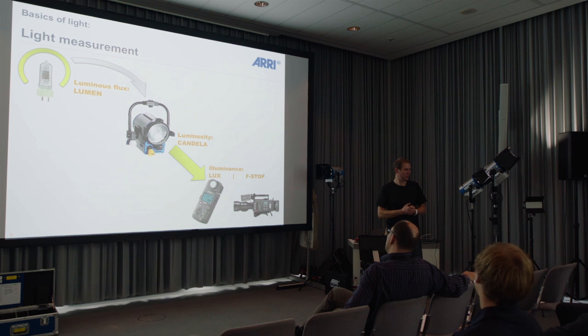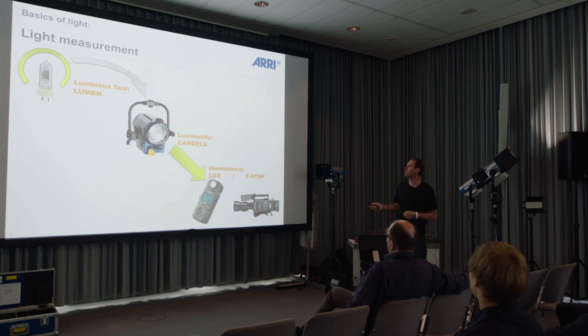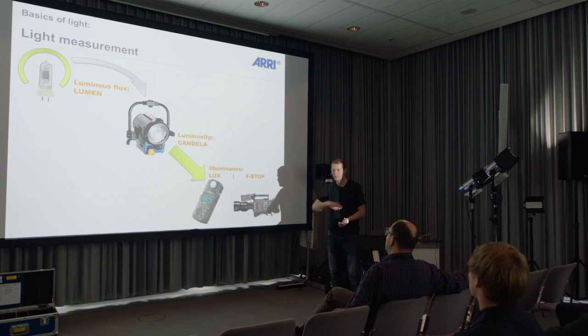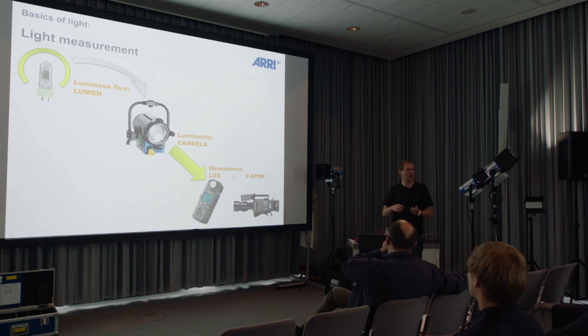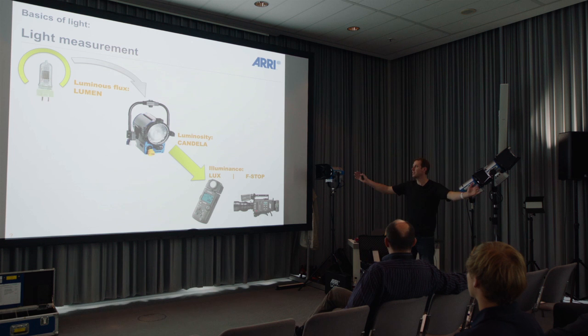One more important thing to know, if we compare fixtures, and fixture A has 1,000 candela and fixture B has 2,000 candela, it doesn't say too much about how powerful this unit is, because fixtures spread the light in different ways.